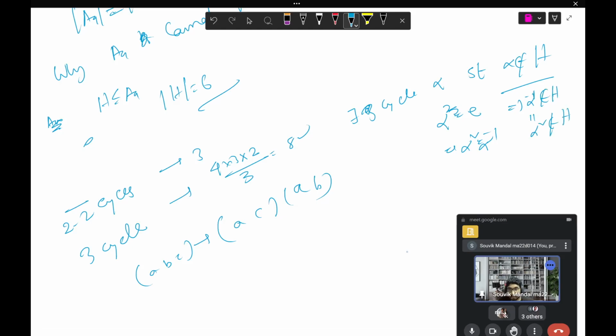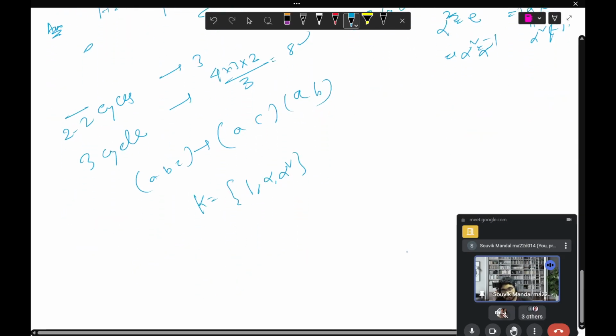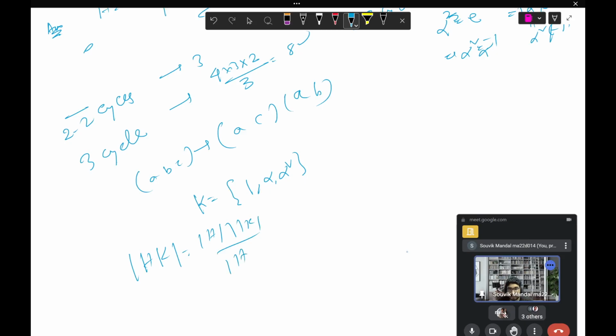Okay. So we can consider another subgroup K, whose elements are 1, alpha, alpha squared. And H is a different subgroup. Now, what is the order of HK? The order of HK is equal to order of H times order of K divided by order of H intersection K. Now, order of H is 6, order of K is 3, and the intersection has no element except 1.